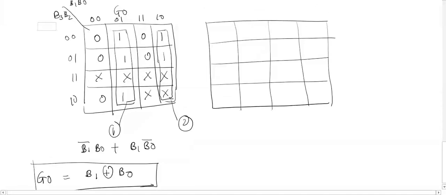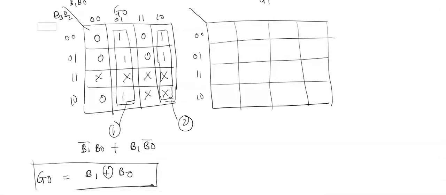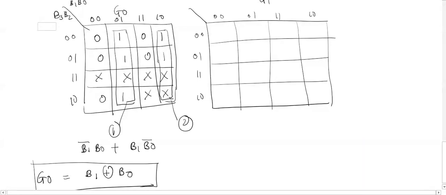Let's complete G1. The variables are B3, B2 and B1, B0.